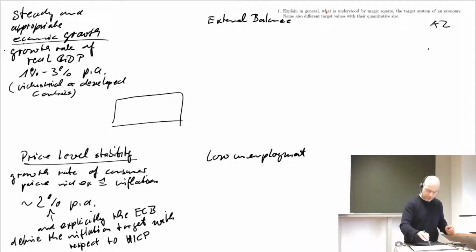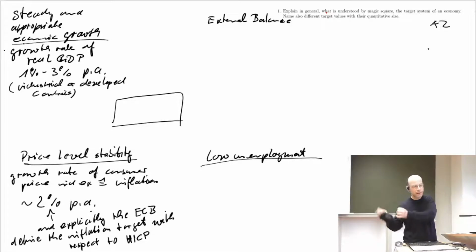Let's go counterclockwise. We are going to low unemployment. This is of course measured via the unemployed relative to the number of people who could work.